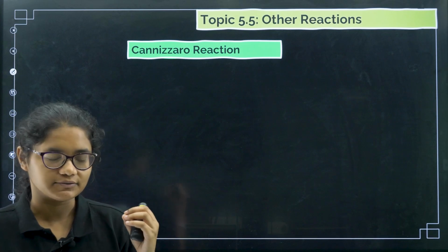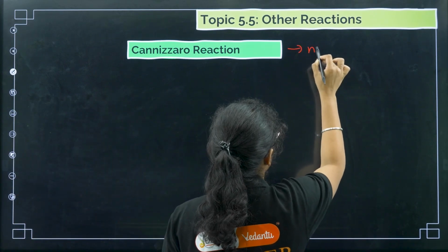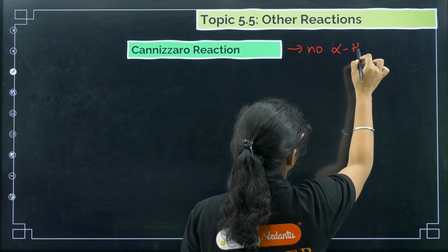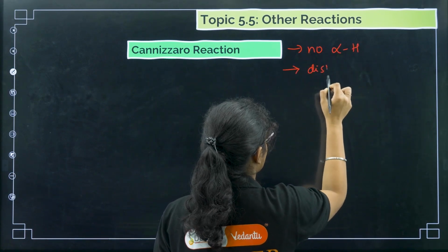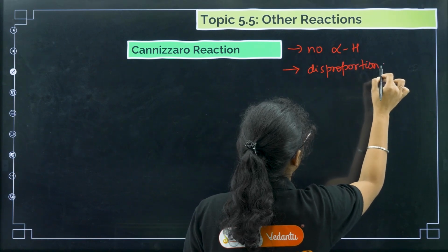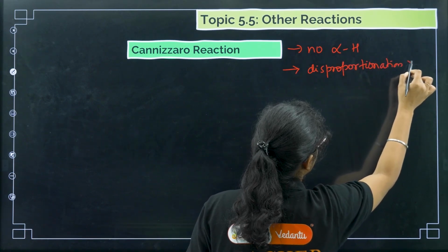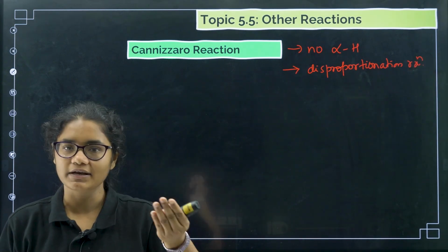So Cannizzaro reaction is very easy. You just need to remember one condition for Cannizzaro, that no alpha hydrogen should be there. And next thing, it is a disproportionation reaction. I hope all of you know what is a disproportionation reaction. Disproportionation reaction means the same molecule undergoing oxidation and reduction.